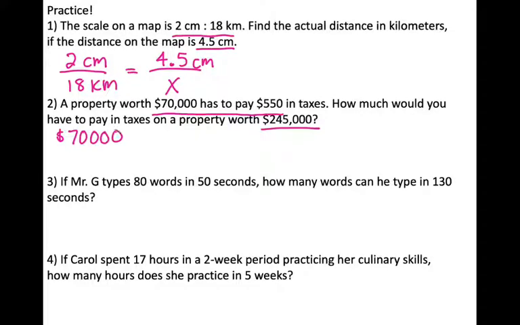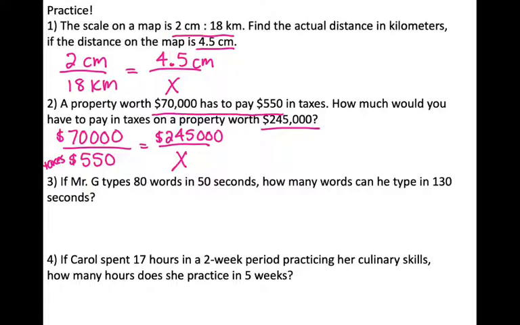So it's $70,000 with $550 in taxes. I'm going to make a note that the bottom was taxes. So we're trying to figure out the taxes for the other property. That's going to be our x, and that property is worth $245,000. Cross multiply and solve.